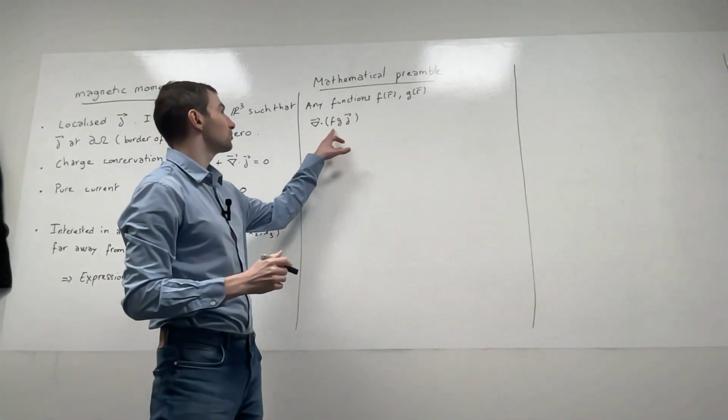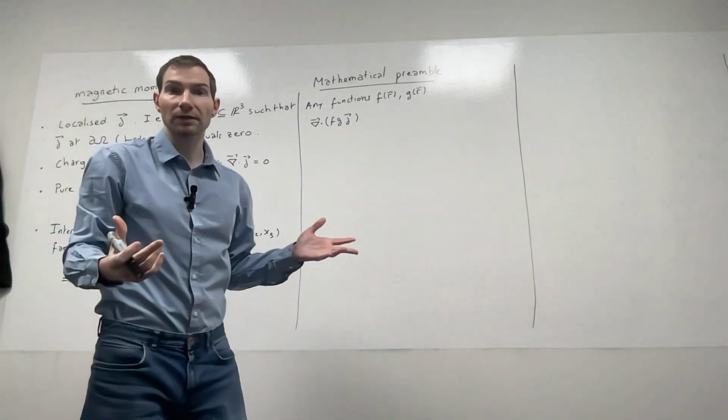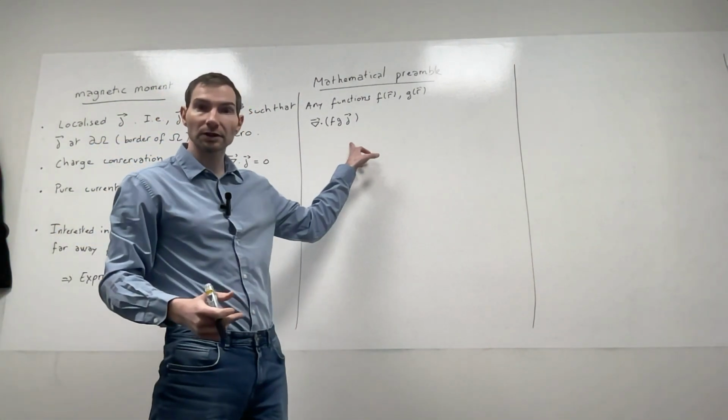Okay, so f g j is a vector field, and so I can apply the divergence to it.